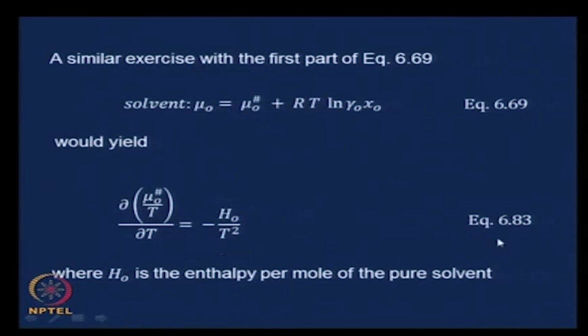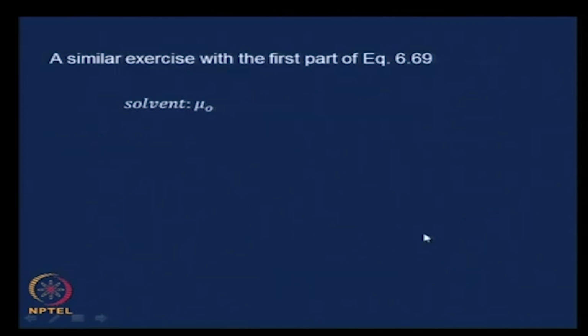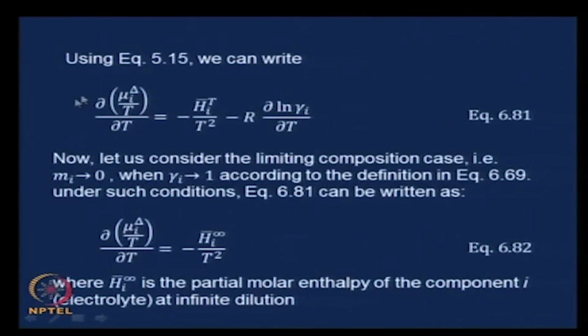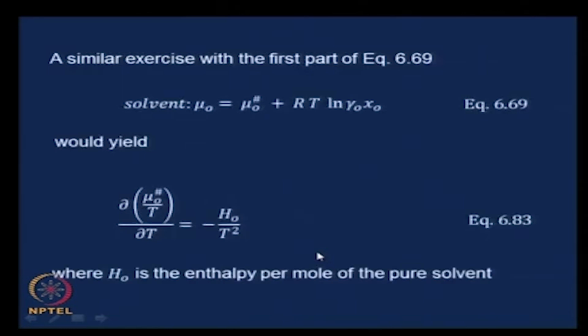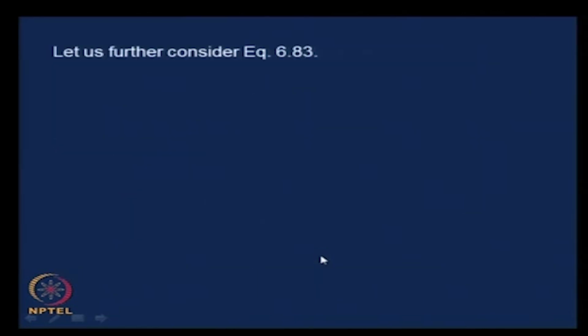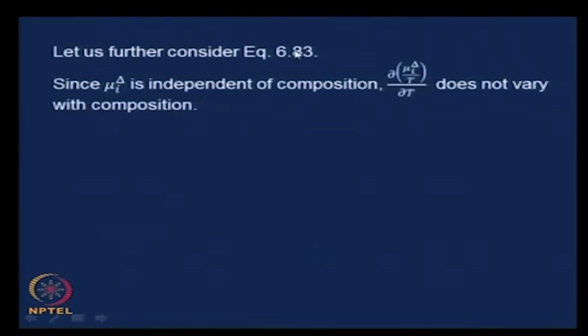Now if you substitute 683 into this 681, we are trying to substitute one of these values here, 682, or let us further consider 683 before we even substitute that.